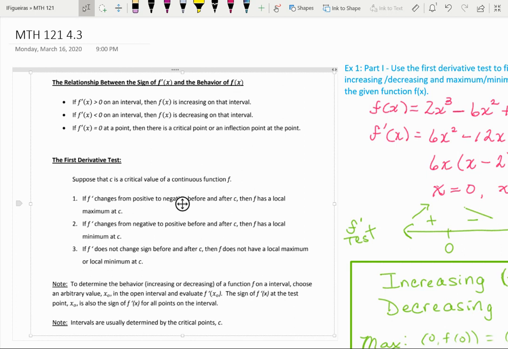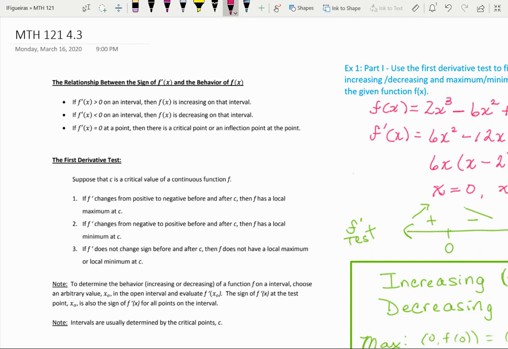When the derivative changes from negative to positive, then you have a minimum at that critical point. And if it does not change before and after that critical point, then it is neither a local maximum nor a local minimum. We'll talk more about how to find test points to determine if it's positive or negative once we do an example.